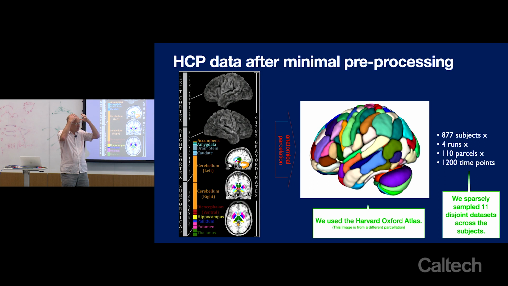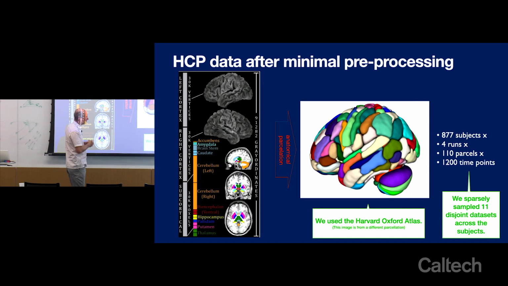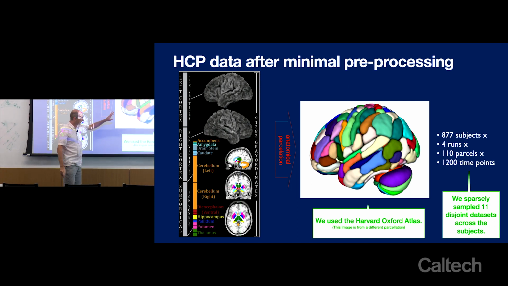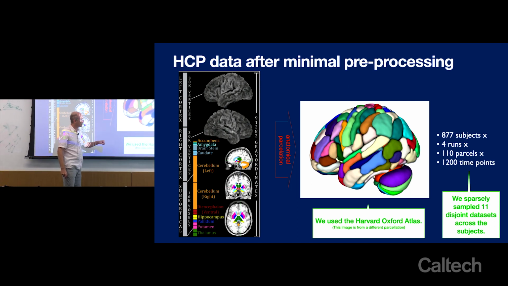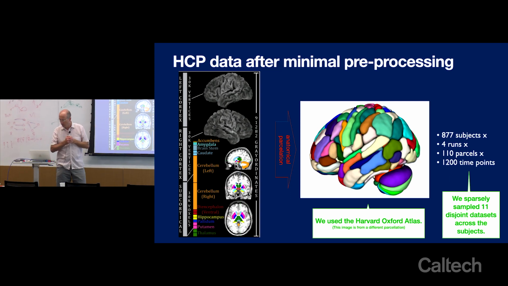It has, I think, 48 parcels for each of the hemispheres, and then the remaining parcels are subcortical. This picture is actually from a different parcellation, but I couldn't find a nice corresponding picture for the Harvard-Oxford parcellation.